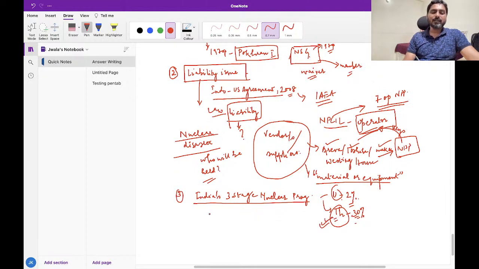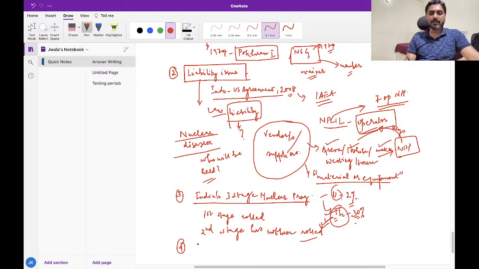We have been successful in rolling out the first stage, we have completed it, but we have not been able to roll out the second stage. Because the second stage has not been rolled out, we are not able to utilize thorium, so we are not able to meet the targets also. Is it okay?